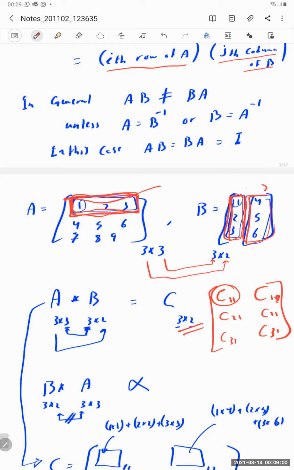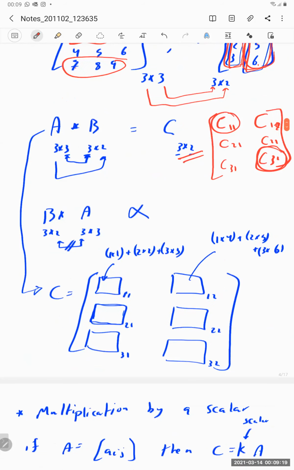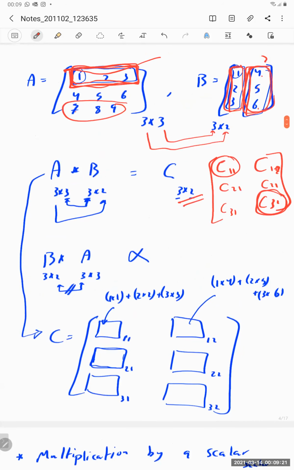So C32 مثلا as an example الرو الثالث times الكولوم الثاني. So 7 times 4 plus 8 times 5 plus 9 times 6 ينتج عنا قيمة الإليمنت الموجود بالسي C32. هذا الحكي موجود عندنا هون in details.